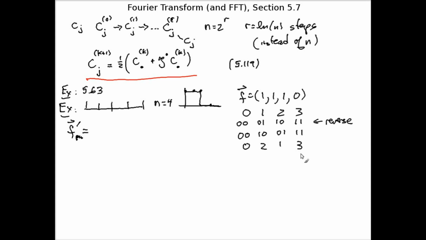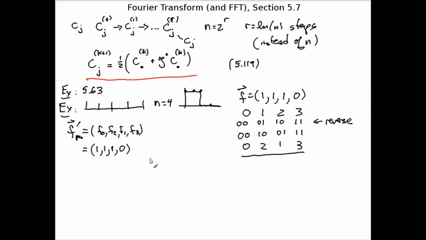And so this f prime is the values of the f's in this order: f0, f2, f1, f3, which in this case is 1, 1, 1, 0. So in this case, it turns out to be the same, but okay. And I'm going to make a little chart.